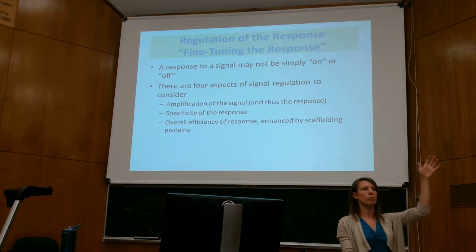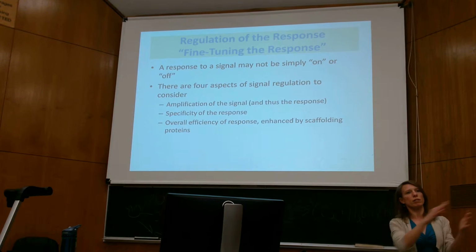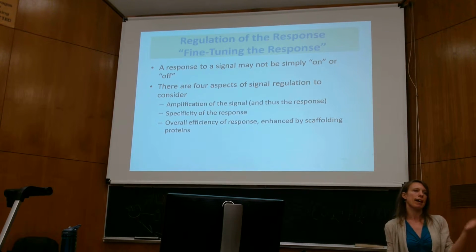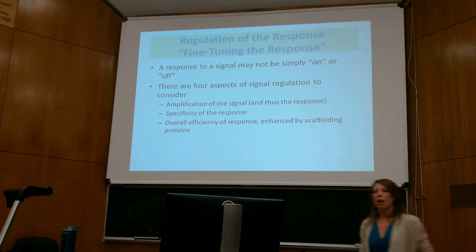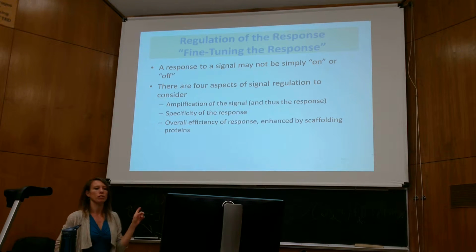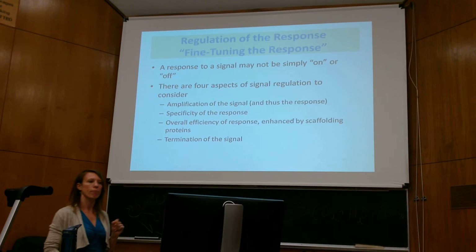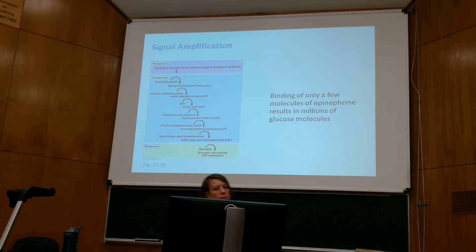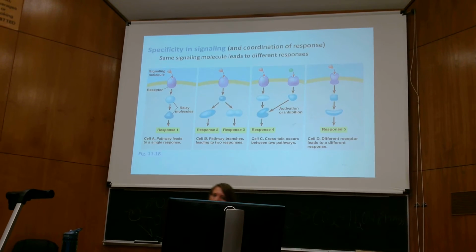So these are large proteins that sometimes bind to several of those transduction pathway molecules to make the amplification faster, because it has them all together instead of spread out through the cell where they have to kind of find each other. I'm not going to really expect you to know these details. I'm going to tell you here in a moment what I want you to know. And then last is how the signal is terminated. Okay, so signal amplification went over already.